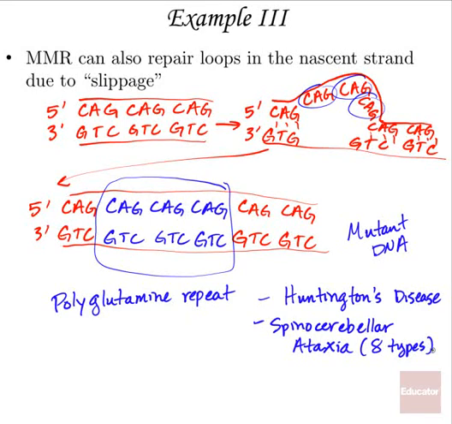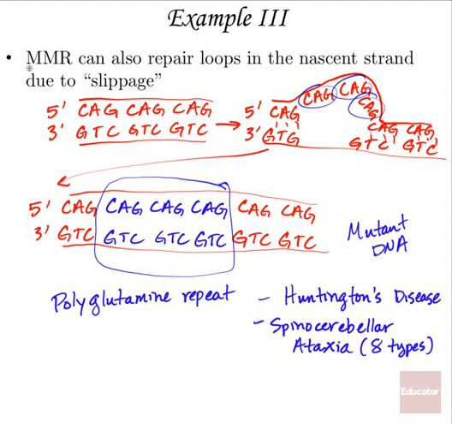Okay, and if we're talking about just triplet expansions, not necessarily the polyglutamine ones, we also have diseases such as Fragile X syndrome and Friedreich's ataxia as well. And so these can be extremely detrimental, and what we have here is the more repeats that we see, the more likely you are to go through slippage the next time you go through DNA replication.